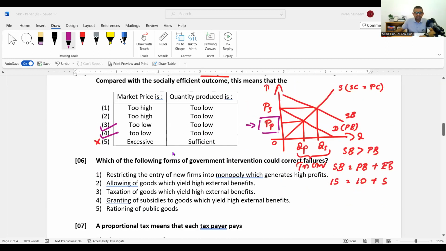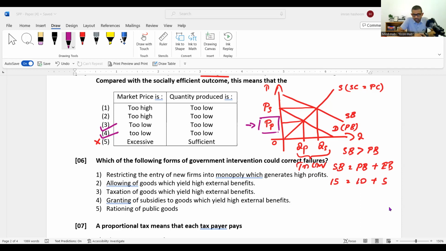Are we okay? Right, question 6. Question 5, either answer 3 or 4. Okay, question 6. Which of the following forms of government intervention could correct market failure? What could end up correcting market failure?